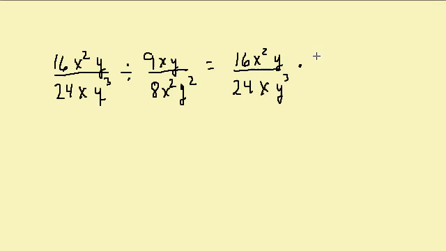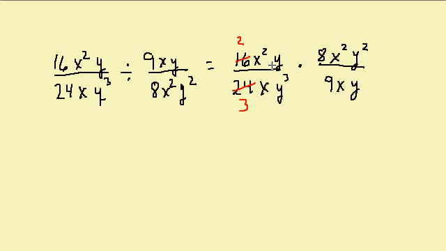So we flip this, so we have 8x squared y squared over 9xy. Now let's look at the numbers and cancel what we can. So we see 8 goes into 16 and 24, so we would be left with a 3 and a 2.